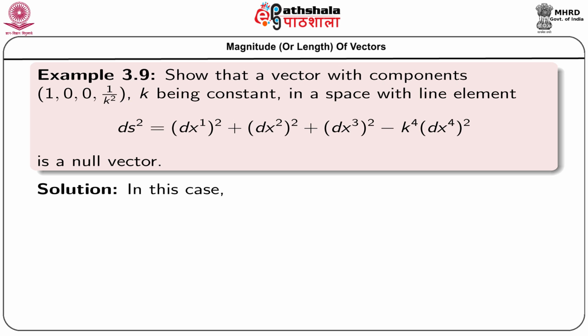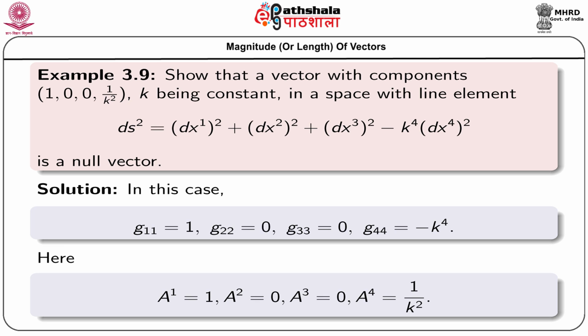In this case, G11 equals 1, G22 equals 1, G33 equals 1 and G44 equals minus k to the power 4, and the components of the vector are A1 equals 1, A2 equals 0, A3 equals 0, A4 equals 1 by k square.